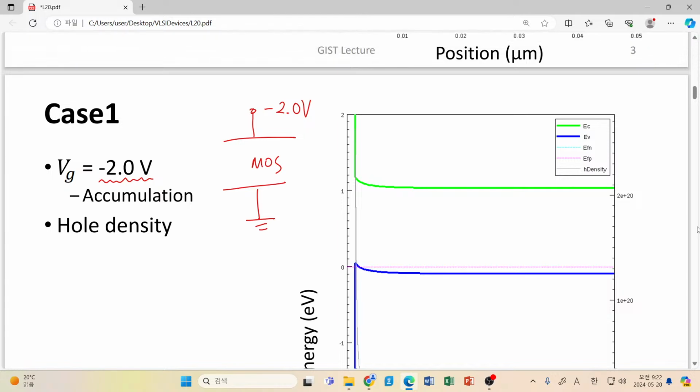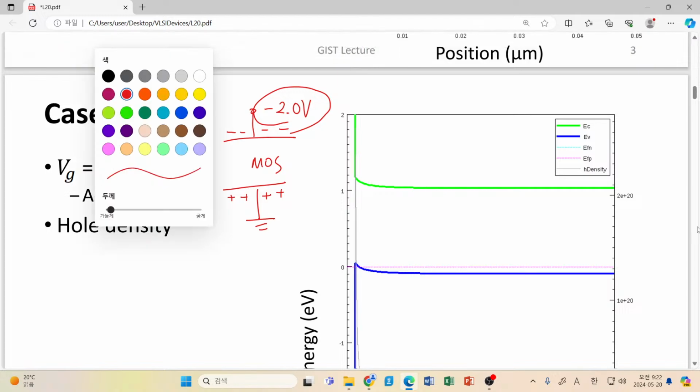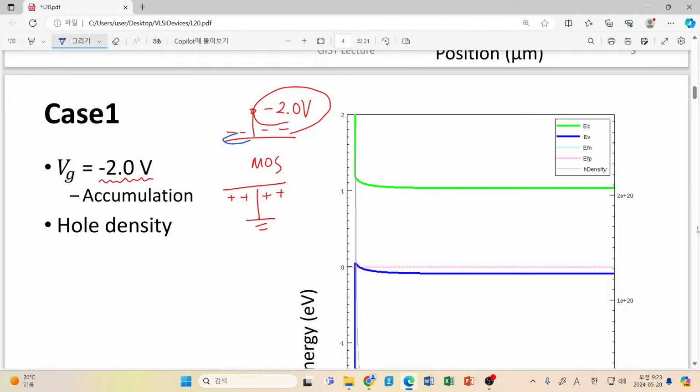In this case, what we can immediately expect is, okay, well, anyway, there will be a certain negative charge induced by this large negative voltage, and there will be a certain positive charge. So in this part, where can you find your metal, and where can you find your oxide in this system? You can find your metal here, and you can find your silicon part here.